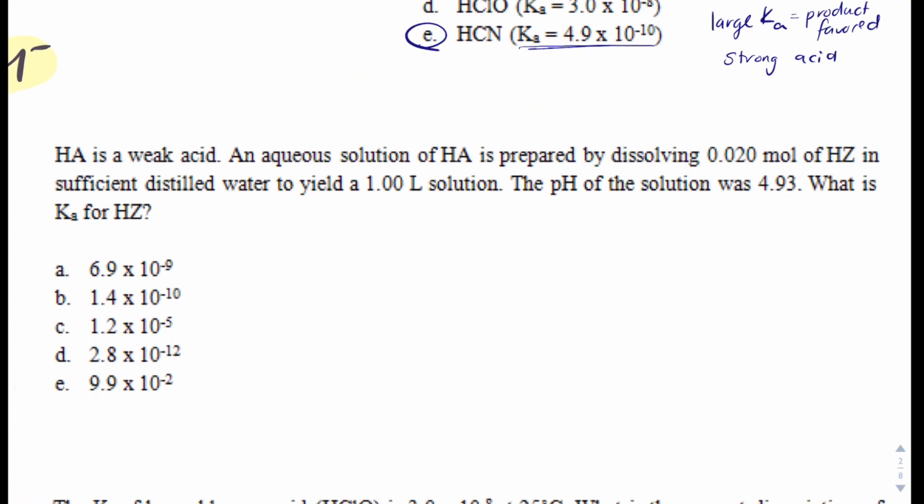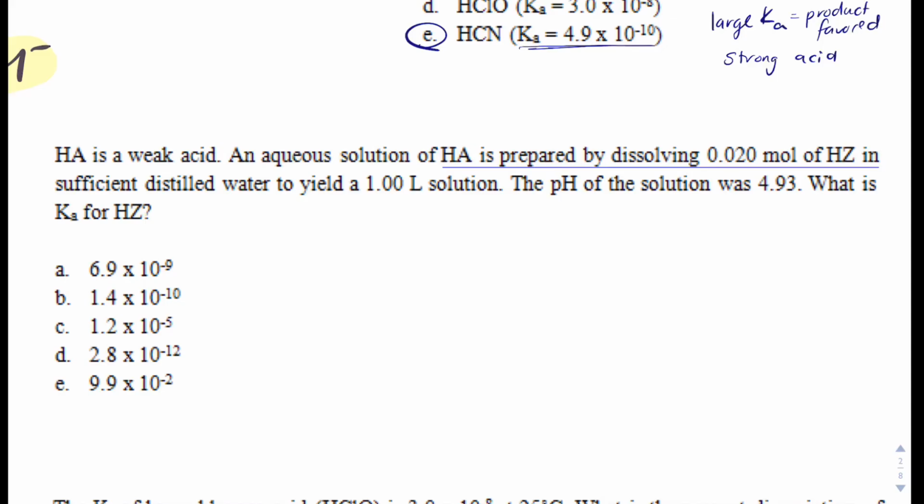Okay, looking at this next problem, it says HA is a weak acid, and we're going to take some HA and dissolve it. What is the Ka? An aqueous solution of HA is prepared by dissolving 0.02 moles of HZ in sufficient distilled water to yield.